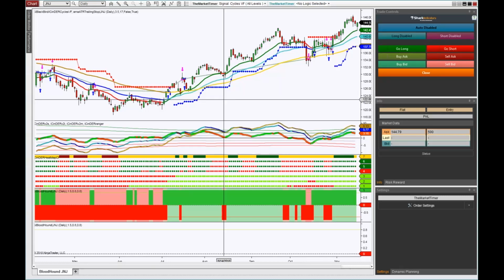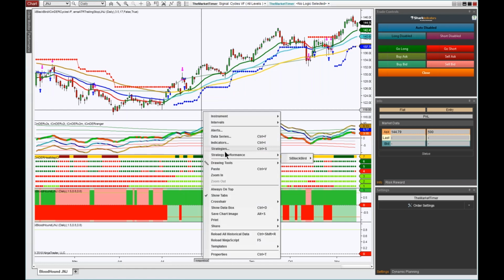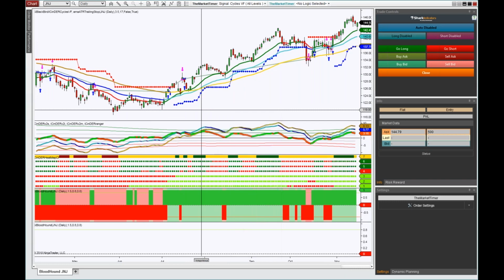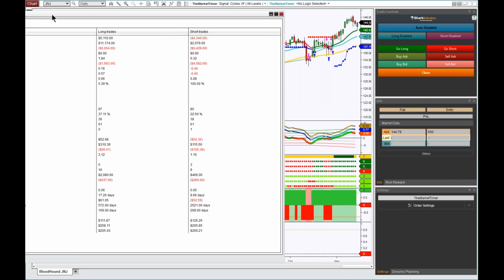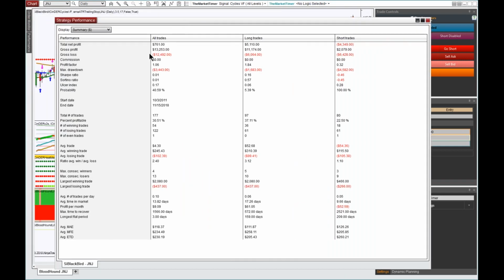So now we're looking at J&J, and we're going to say, okay, the same thing, what would the model look like? I'm going to move it to the right. Okay, here's kind of a so-so model.